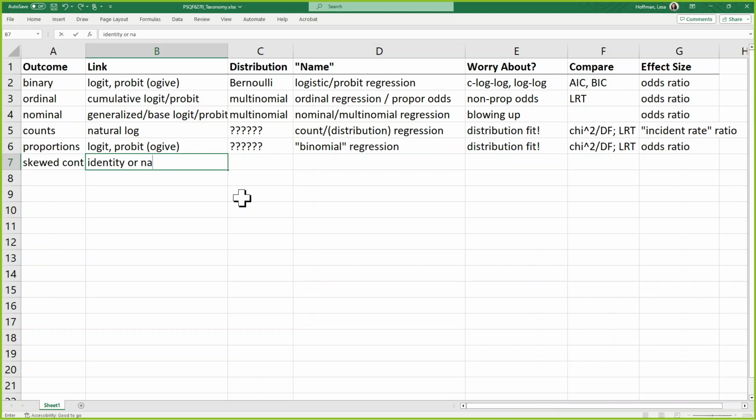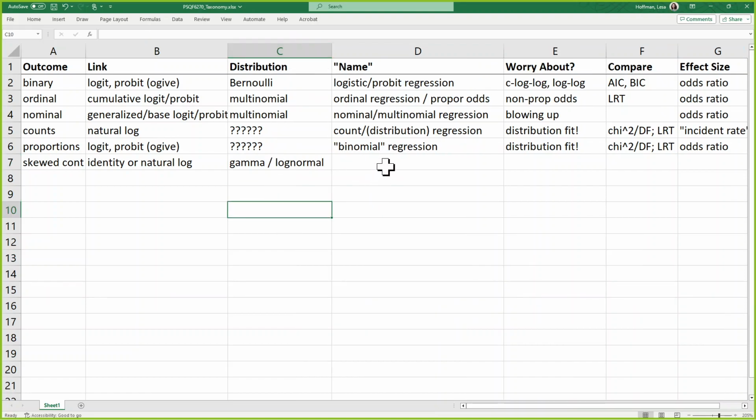We can do that. How about distribution? There's really only 2 that I know of that are used for this. One is gamma, and the other is log normal. And they're from different families, so they can't be compared. For name, I've seen it called a gamma regression, in the same way that naming things after distributions.